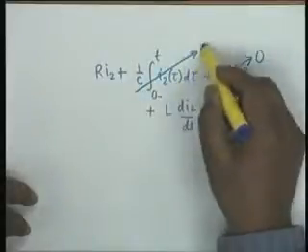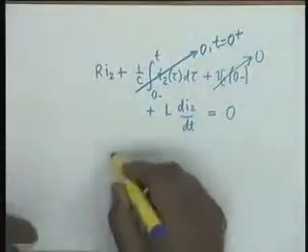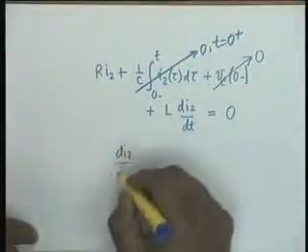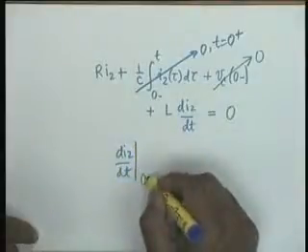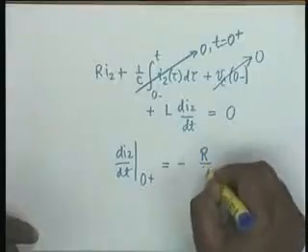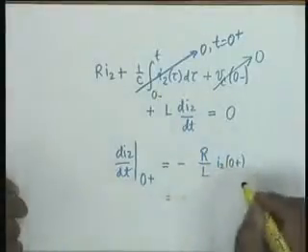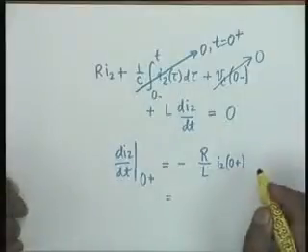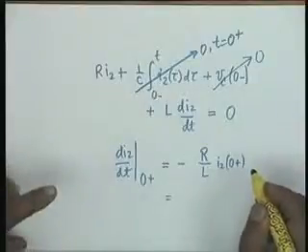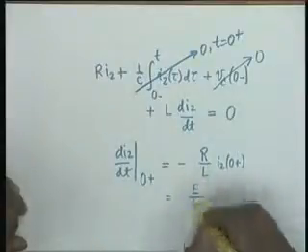This is also 0 for t equal to 0 plus. And therefore, all I have is di2 dt at t equal to 0 plus would be equal to minus R divided by L I2 of 0 plus, and I2 of 0 plus we have already found out to be equal to minus E by R, and therefore it would be simply E by L.